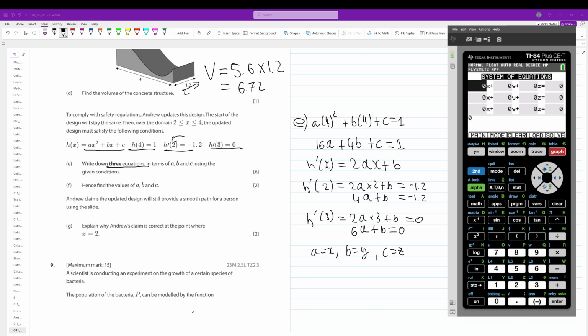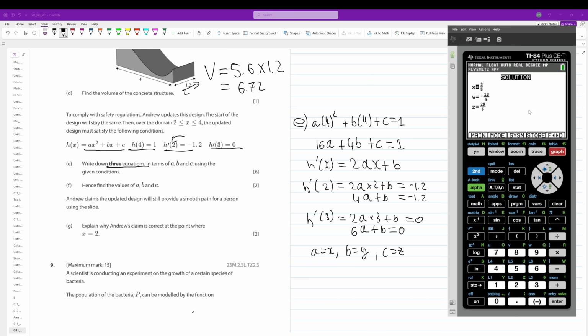Right, so we've got 16A, add 4B, add 1C is equal to 1. We've got 4A, add 1B, add 0C is negative 1.2. And the other one, 6A, add 1B, add 0C is equal to 0.